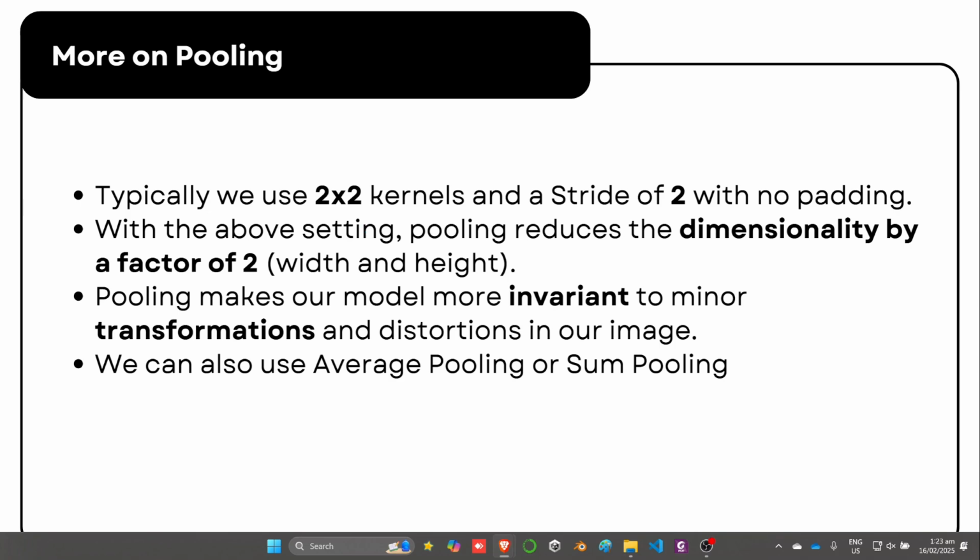And now, pooling also has the advantage that it makes our model more invariant to minor transformations and distortions in our image. Okay. Lastly, if we go back, average pooling, as you can imagine from the name.